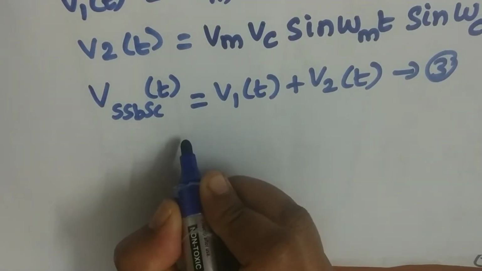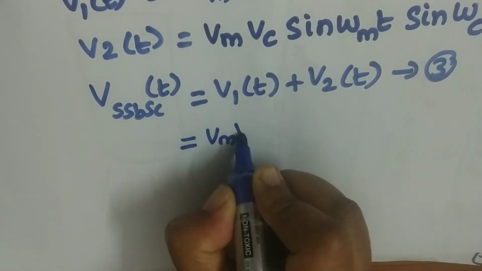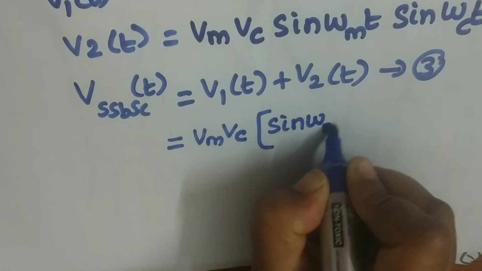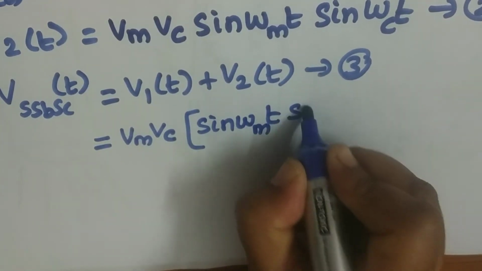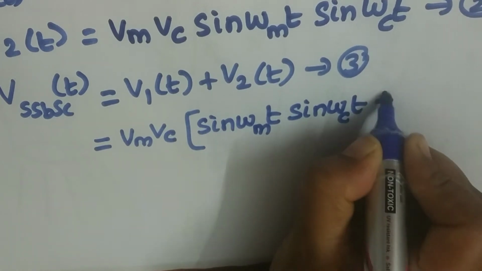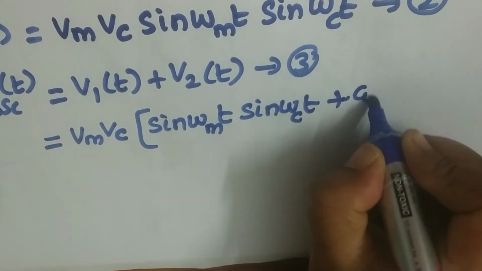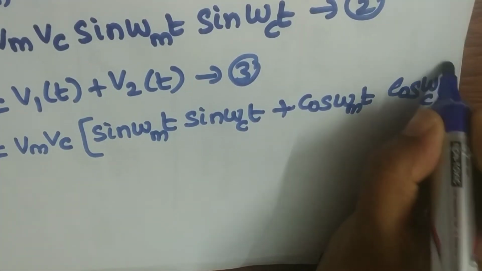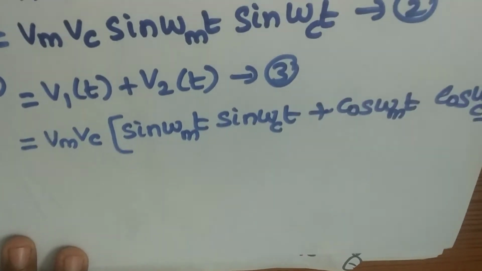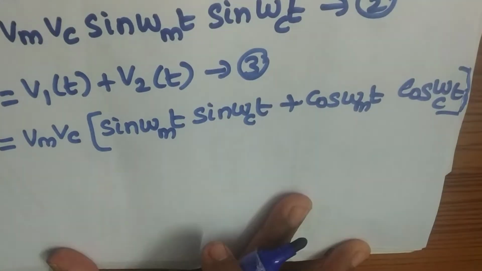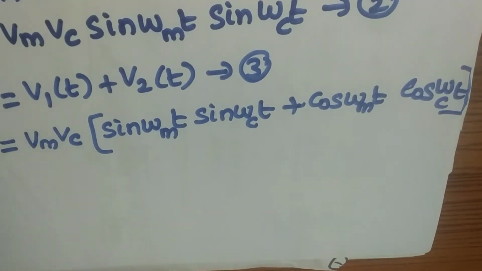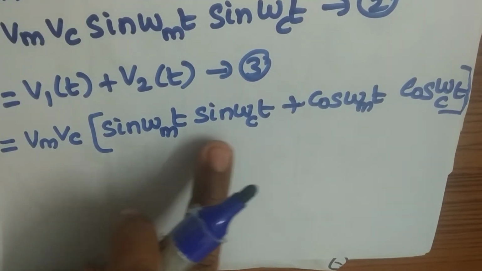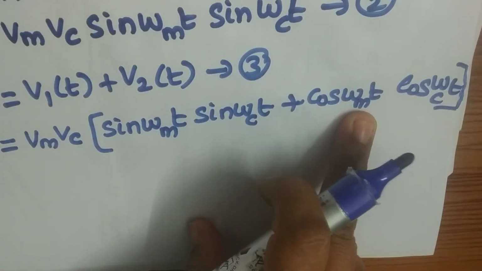So we get Vm Vc into sin omega mt sin omega ct plus cos omega mt cos omega ct.